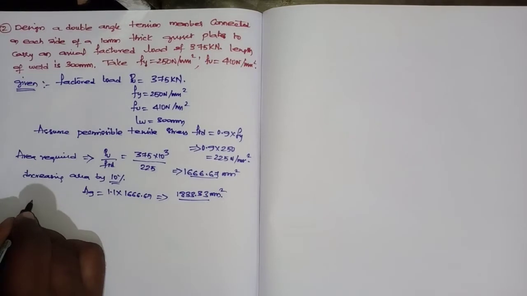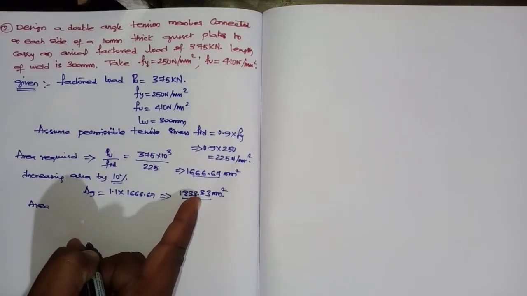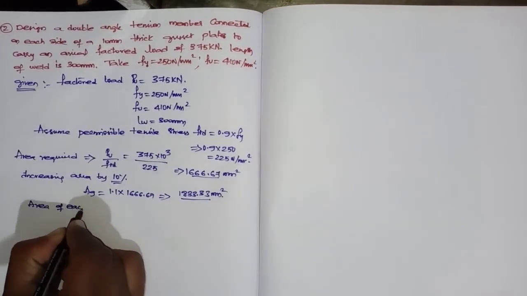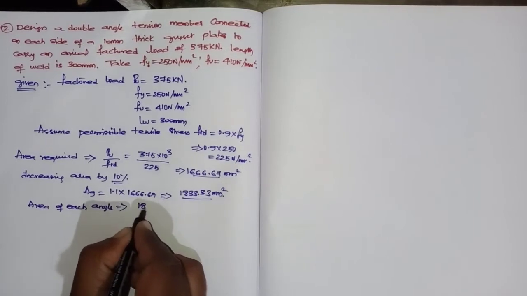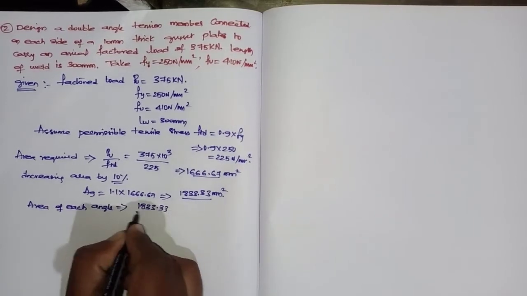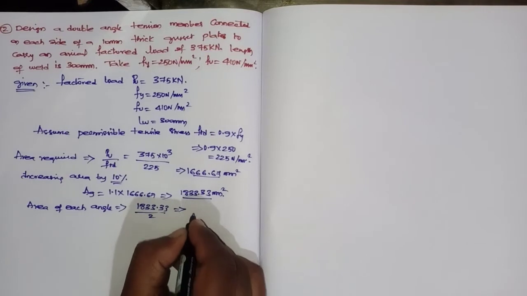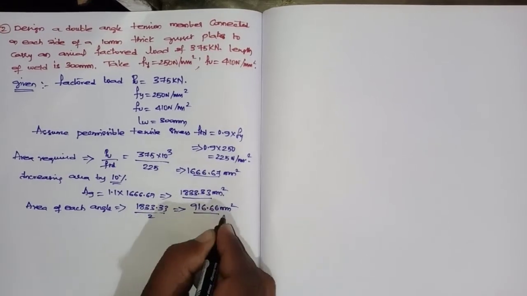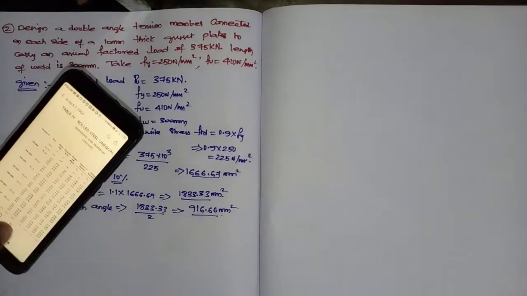So this is the total area required. So area of each angle equals to 1833.33 divided by 2, so 916.66 mm square. This is the area required. Now we'll see here.